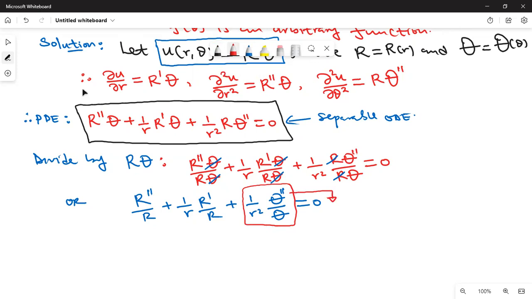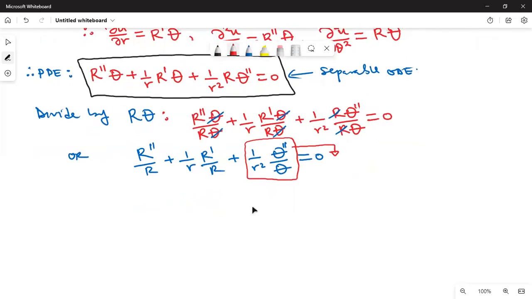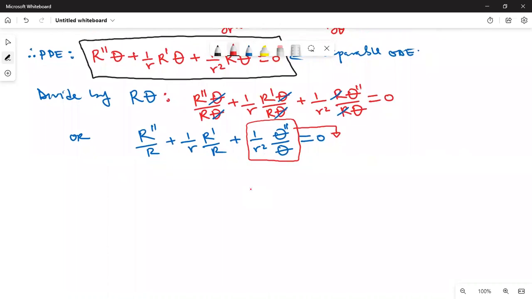So when I take it to the right-hand side, this will give us R double prime over R plus 1 over r times R prime over R is equal to negative 1 over r squared times Theta double prime over Theta.